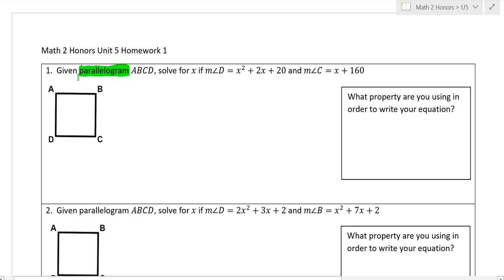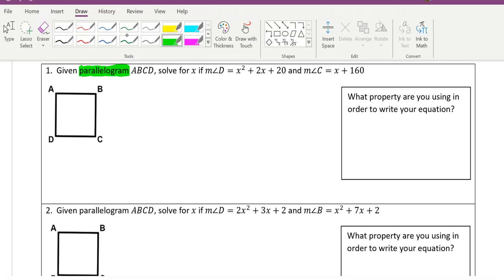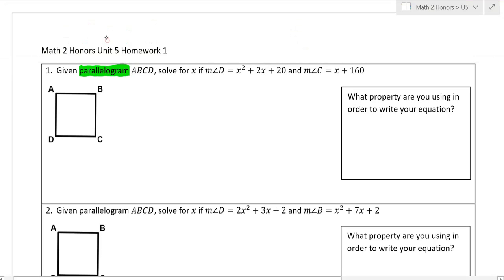Then it says to solve for x if the measure of angle D is, they give us the equation, x squared plus 2x plus 20, and the measure of angle C is x plus 160. So in my diagram I'm going to take note of where those angles are. Okay, so angle D is right here, I'll mark that, and angle C is right over here.